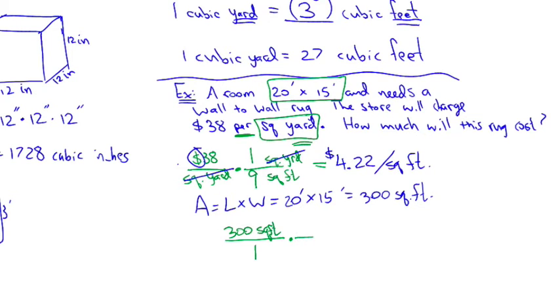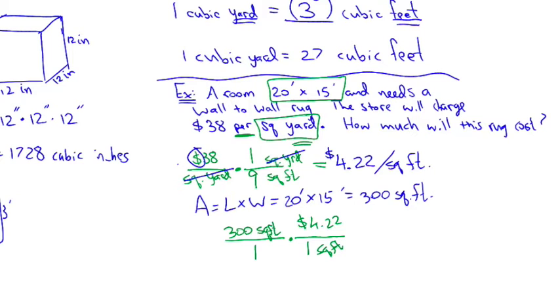Times, what do I want to get rid of? That goes in the bottom. What do I want to change it to? Money. So the dollars go up top, and it's $4.22 per square foot. But you always want to make sure those measurements you're trying to get rid of are diagonal to one another for this type of fraction.